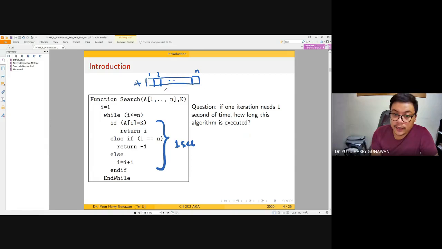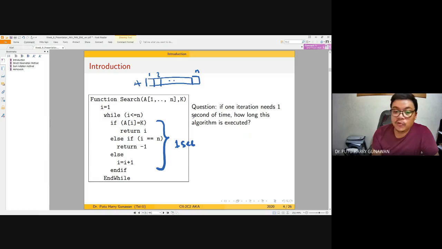When k is in the index 1, this operation will be executed once, and it needs 1 second.